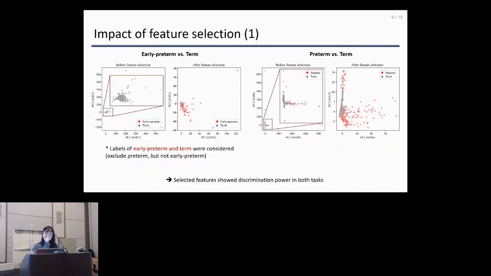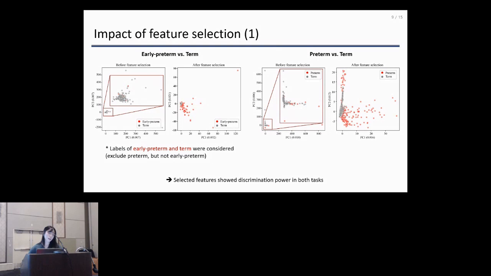So I'm going to show you the results here. The first one is the impact of the feature selection. We drew these PCA plots, and you can see that after the feature selection, the datasets could be discriminated.